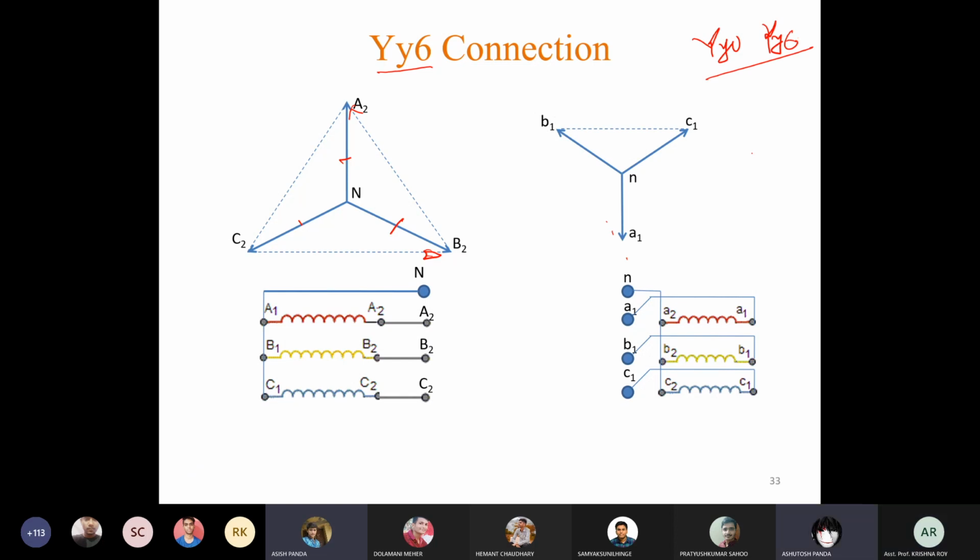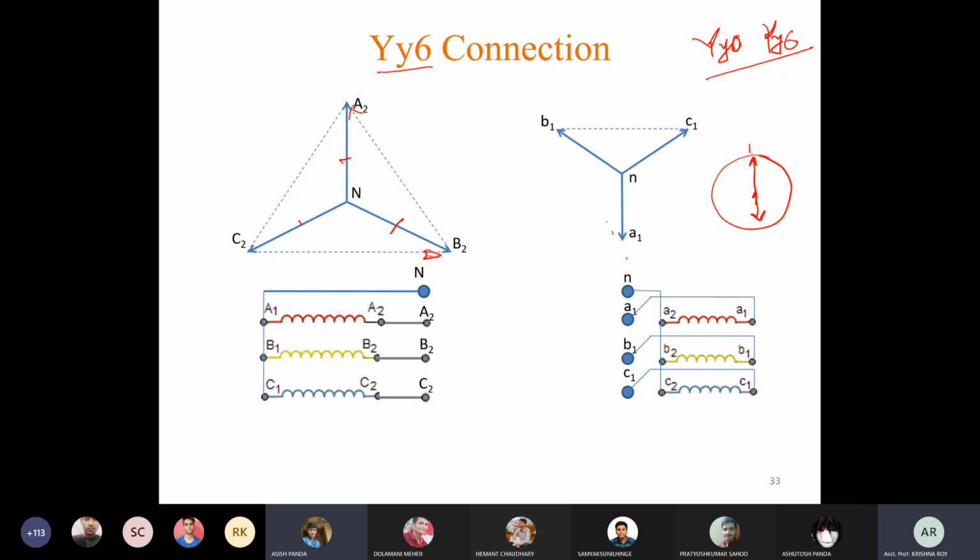Sir, in YY0, what was the phase difference between capital VAB and small VAB? Zero. Zero means what? They're in same phase. Yes, 0 degree phase angle difference. That means same phase. In case of YY6, now you can draw the clock here. So this is the minute hand and this is the hour hand.